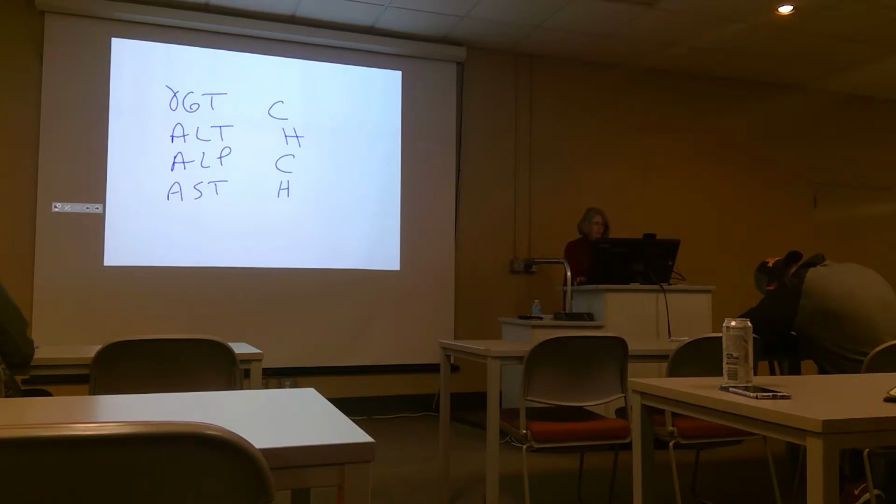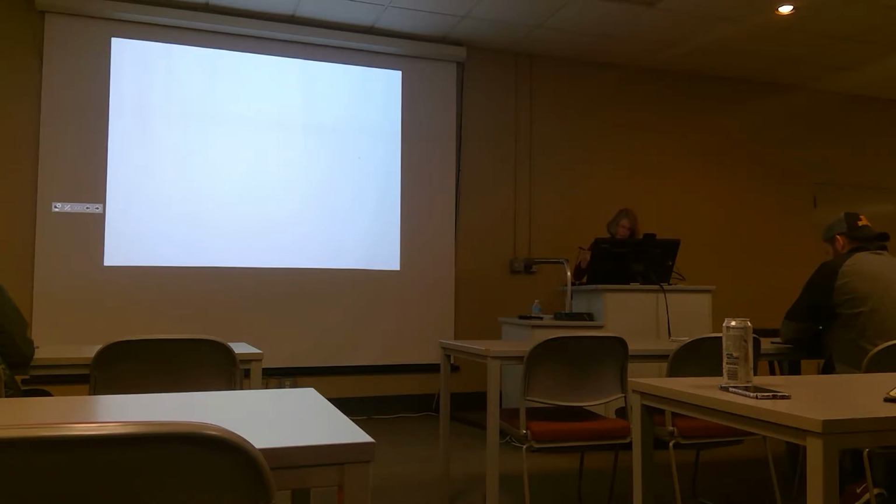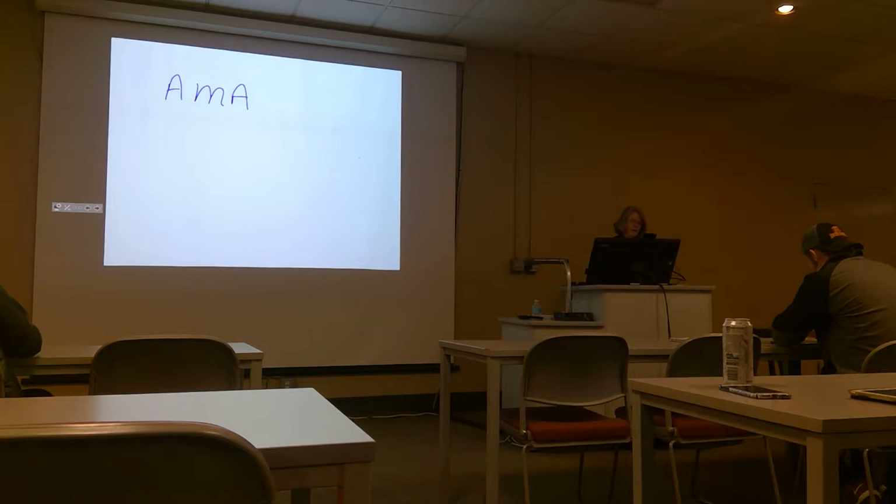Then there's 3 others. We're done with liver function testing diseases. The next are some autoantibodies that you make against cell components. And there's 2 of them that have ridiculous names. One is anti-mitochondrial antibody, and the other is anti-smooth muscle antibodies.